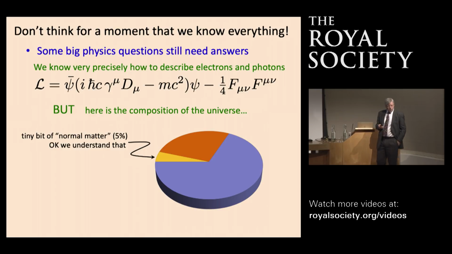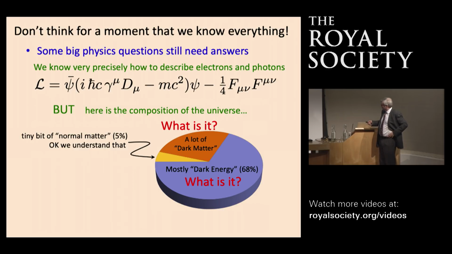But astronomers know from the way that stars and galaxies move that there's a lot of stuff out there which doesn't shine, it doesn't produce light, yet it must be there because it has gravity. And that is called dark matter. And we don't know what it is. And then we've already discussed the idea that the universe is expanding at an ever-increasing rate. That's the dark energy. We don't know what that is either.